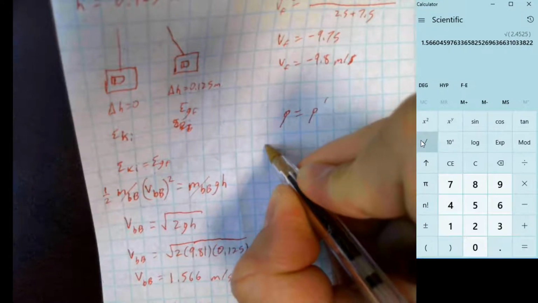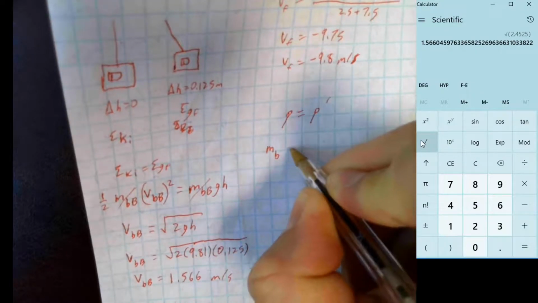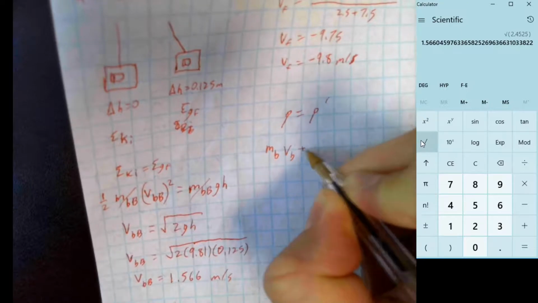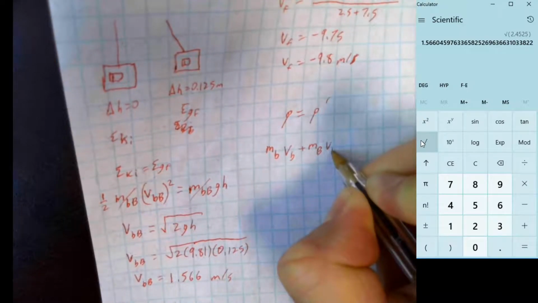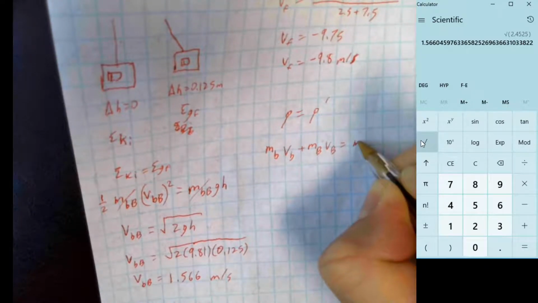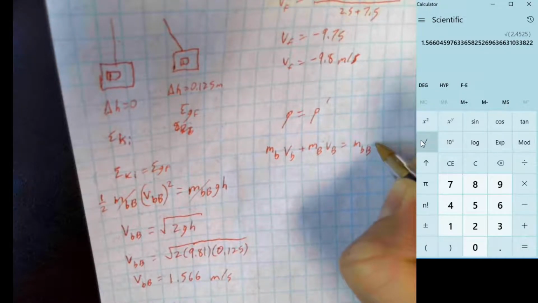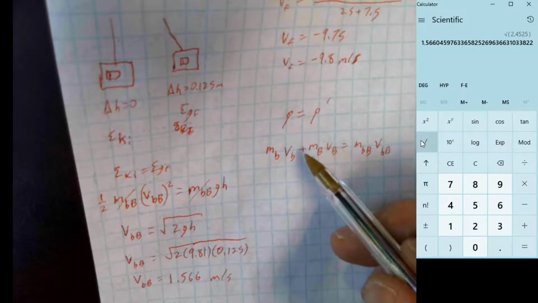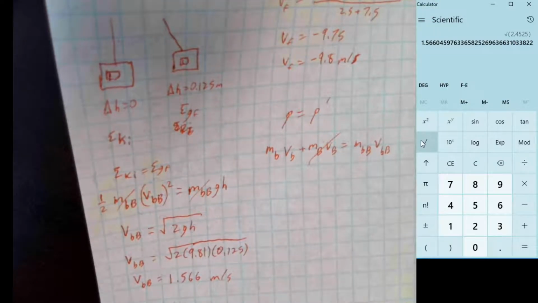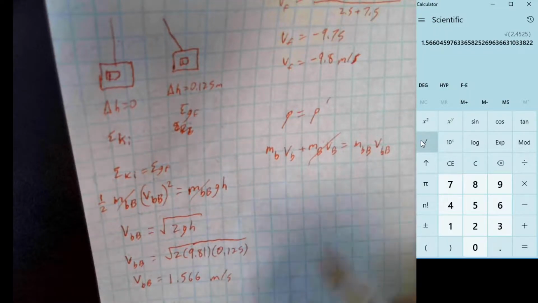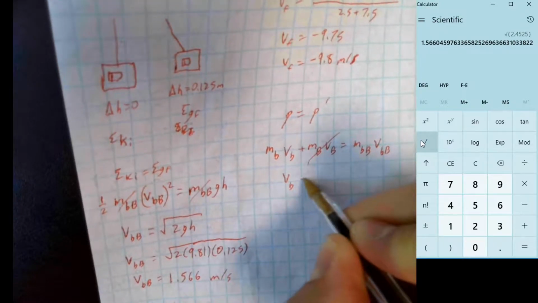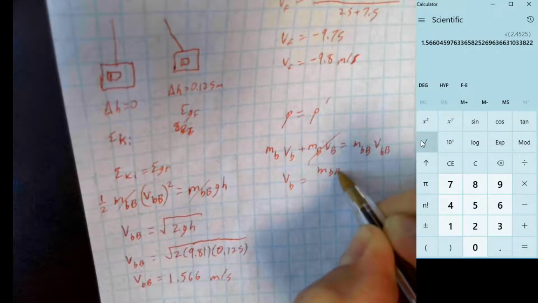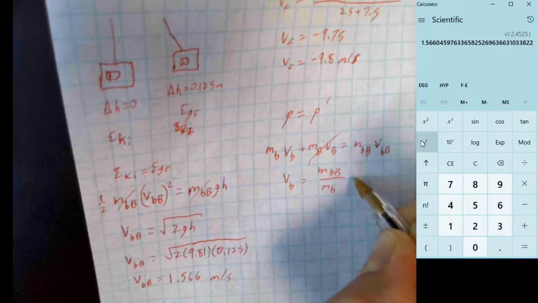My conservation of momentum is the mass of my bullet and the velocity of my bullet plus the mass of the block and the velocity of the block has to equal the mass of the block and bullet times the velocity of the block and the bullet, which is known here. I know that my block was not moving initially, so I can scratch that out. And I need to solve for that VB. So my VB equals the mass of the block and bullet divided by the mass of the bullet times the velocity of the block and the bullet.